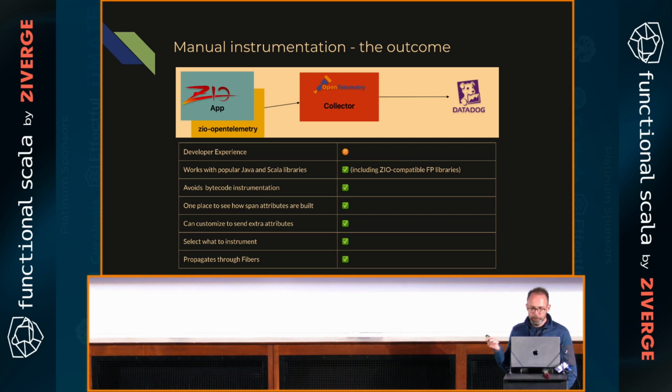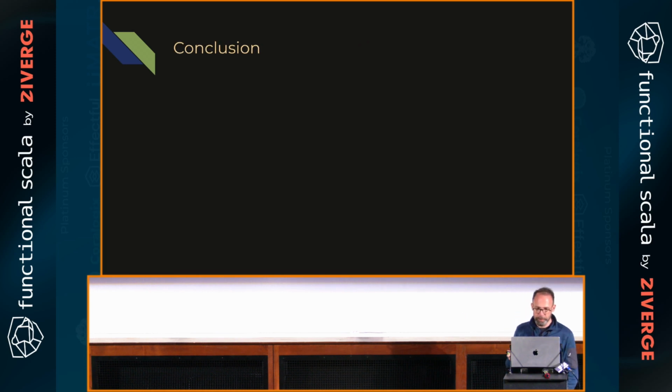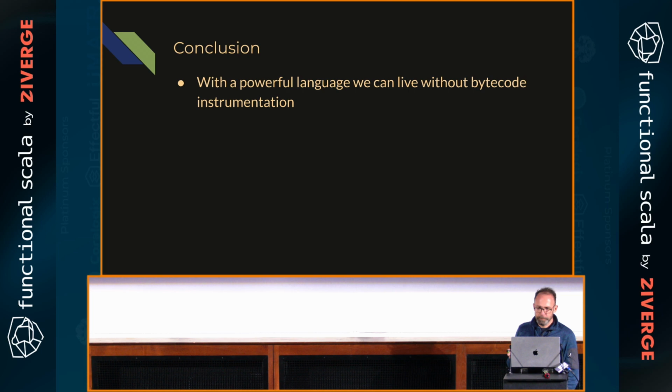We have one place to see how the attributes are built. We can customize to send extra attributes. We just have to extend that algebra. And we send tracing information only for things that we are actively instrumenting in our code, so we don't have this all or nothing. And the propagation occurs through ZIO fibers.